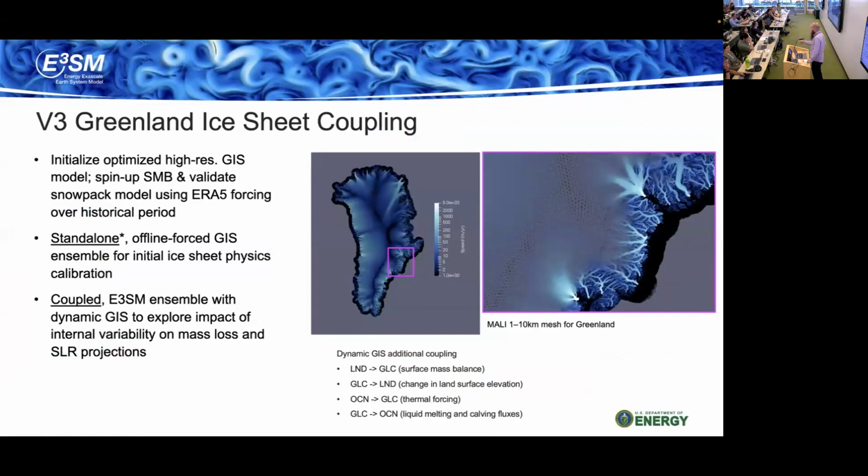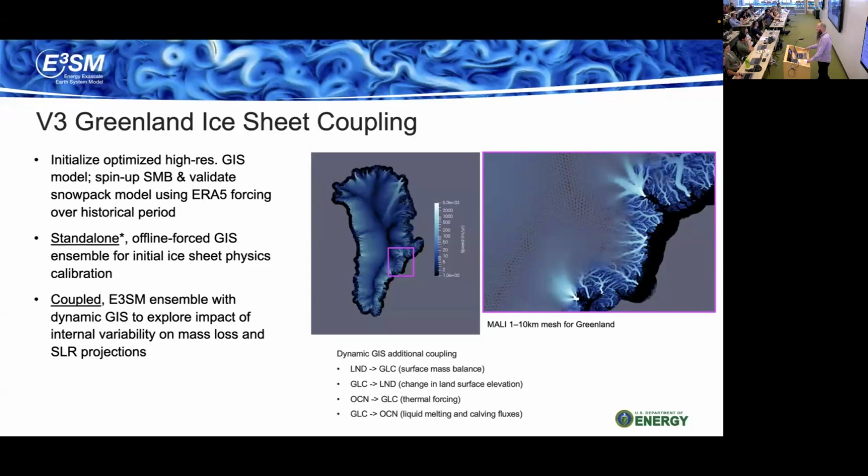So that was the first MALI simulation that I've shown. The ice sheet component is still in early stages of actually being coupled to the rest of E3SM. And what our group is working on for this phase of the project is really getting an active Greenland ice sheet coupled to the model.